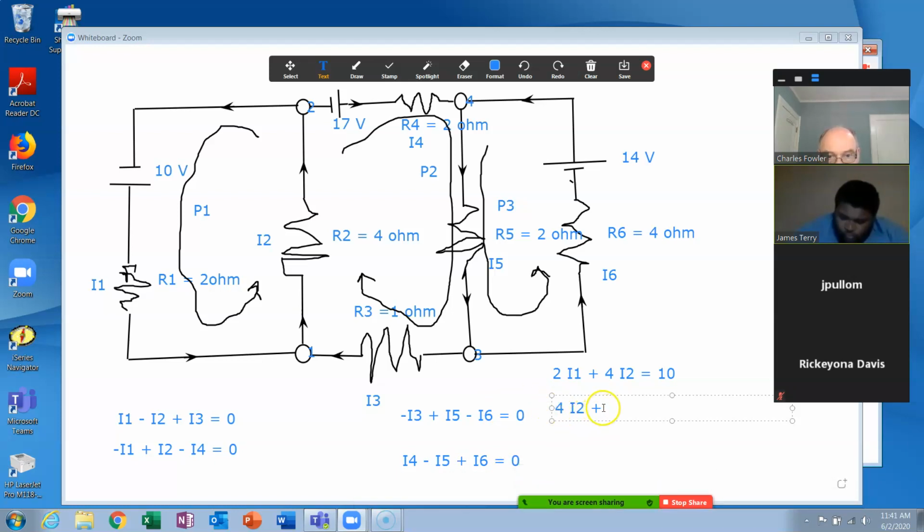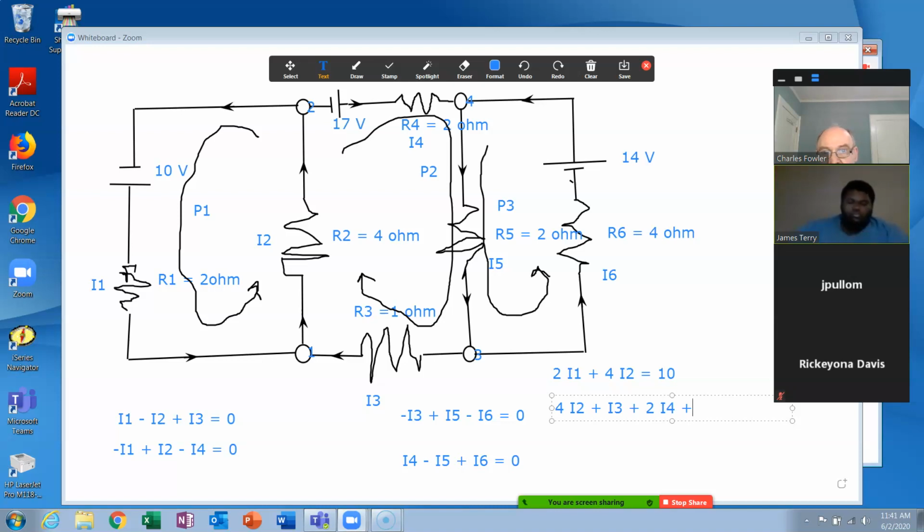Where was my I3? I typed it, but it didn't go in there. There it is. I3 plus 2I4. I should have a space there. I'm a real fast typer, as you can tell.